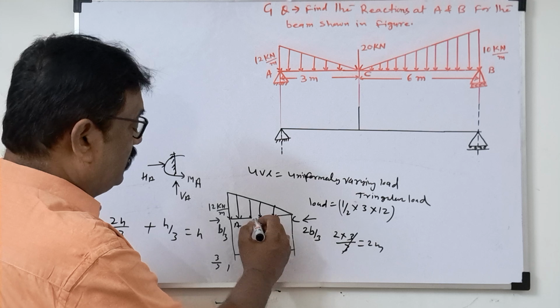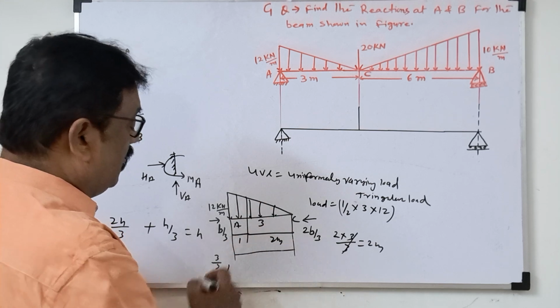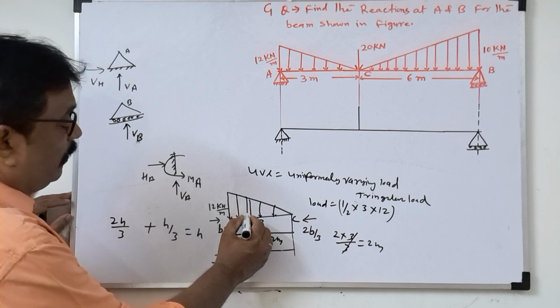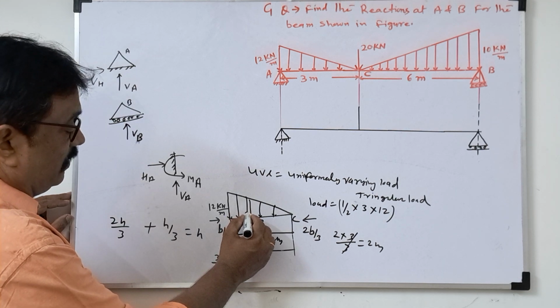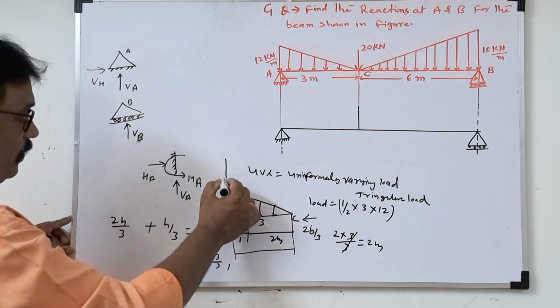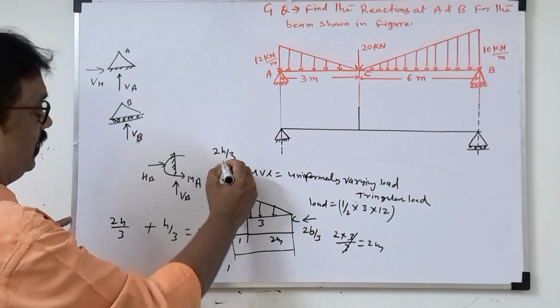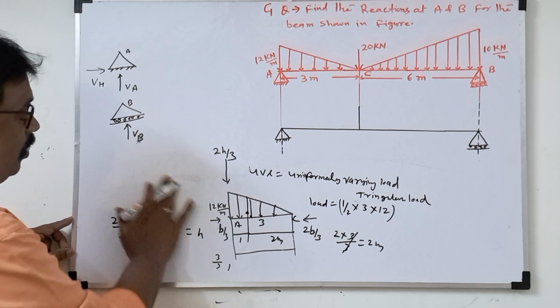So now you differentiate this. This is 1 meter and this is 2 meter. That means the center of gravity point will be somewhere here. If you see from the top, this height h is 2h by 3.